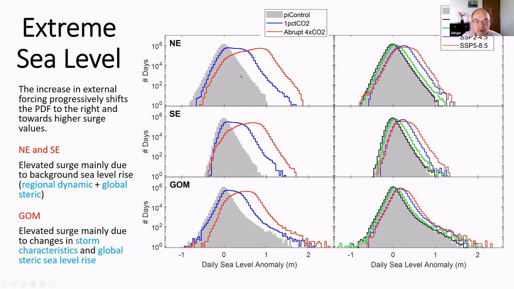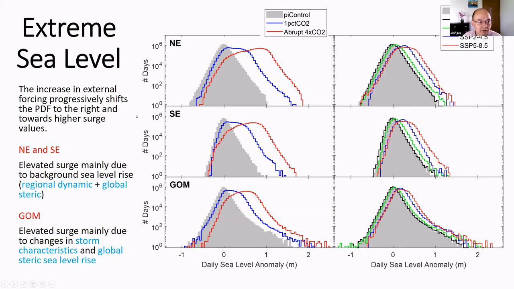So the left three panels show the PI control, so the control run, and also the idealized 1% CO2 and abrupt 4 times CO2 experiments. And the right panel shows the control run and the historical simulation and the SSP projections.